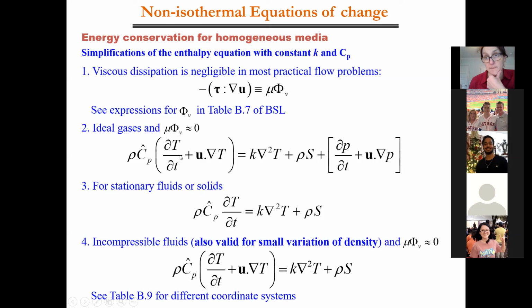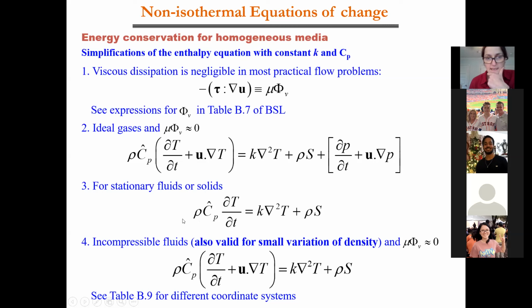Now I actually have temperature, so I can simplify them to equations for temperature distribution. This is what it looks like for ideal gas. Then for stationary solids or fluids, I get this one. This is that Laplace term. And again, there's a source term here that I didn't have initially. Now I just included it for a complete set.